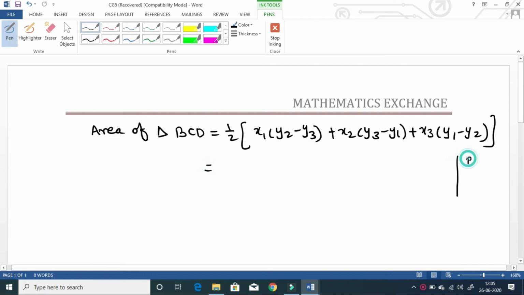B is having coordinate -3 comma -5. C is having 3 comma -2, and D is having coordinate 2 comma 3.